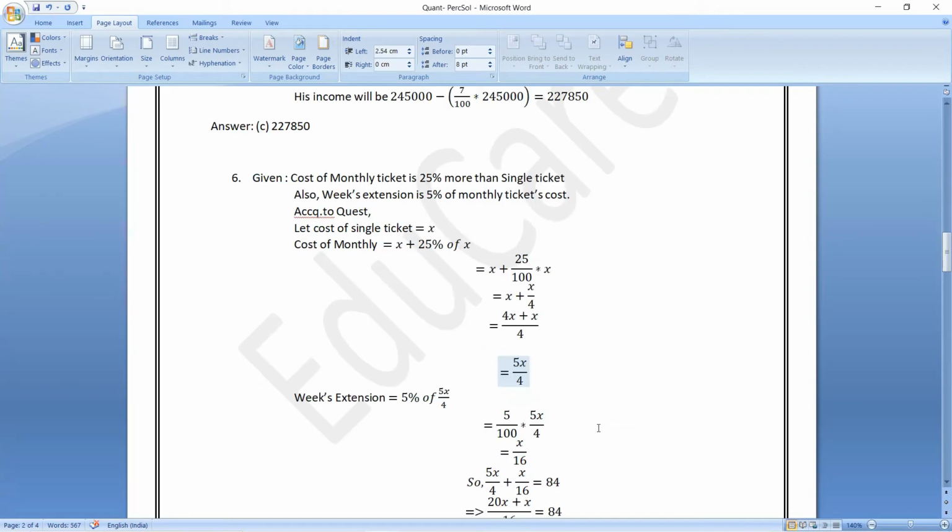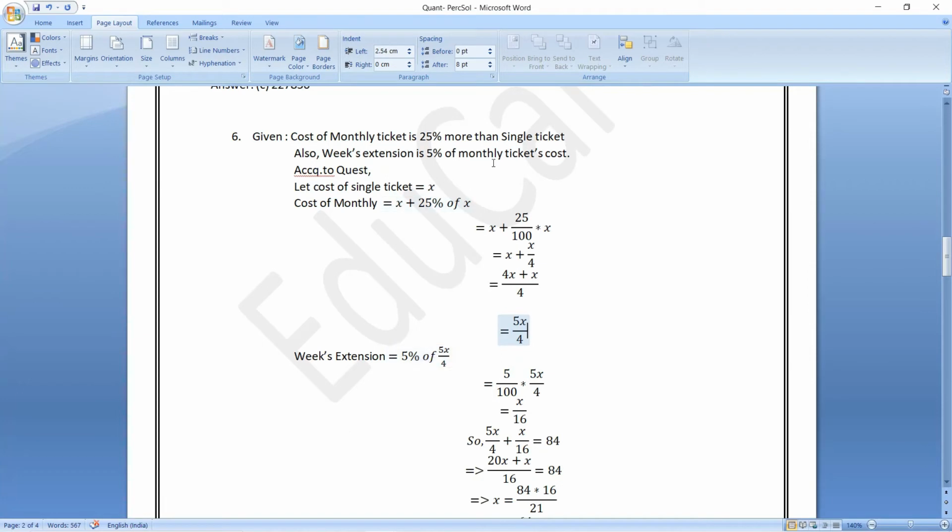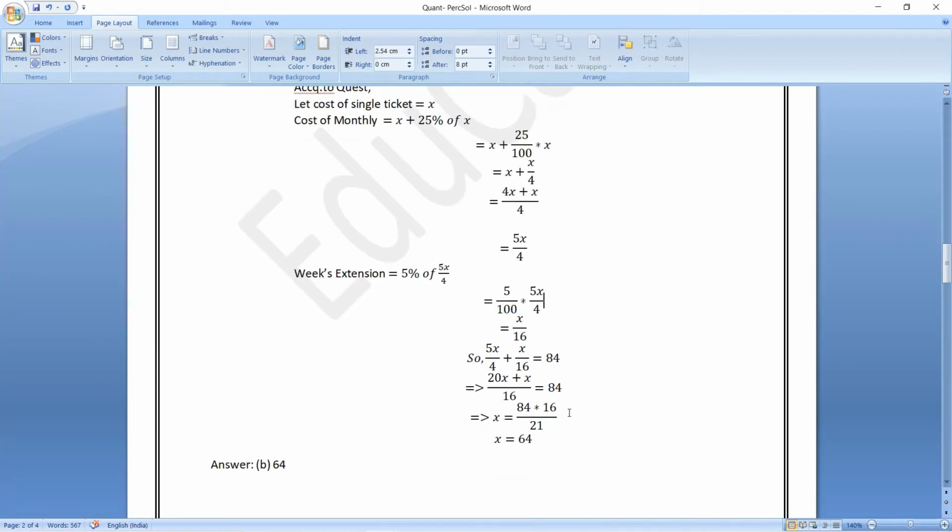Now the week's extension is 5% of the monthly ticket's cost. So 5% of 5x by 4, and calculating, we have x by 16, that is the cost of the week's extension.